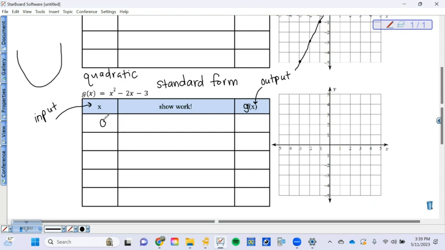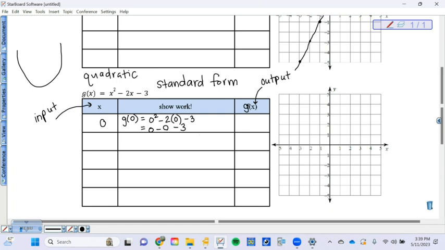So if I plug in 0 for x, that's like saying g of 0. That means I take 0 and plug it in for my x's. So that's 0 squared minus 2 times 0 minus 3. What's 0 squared? And what's 2 times 0?